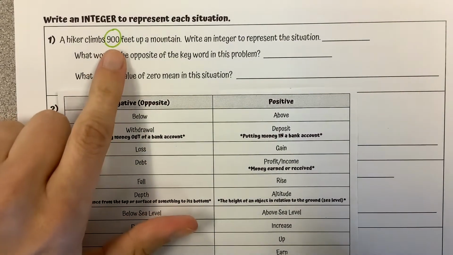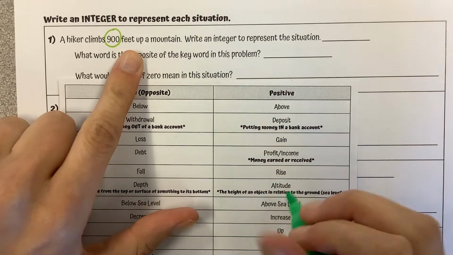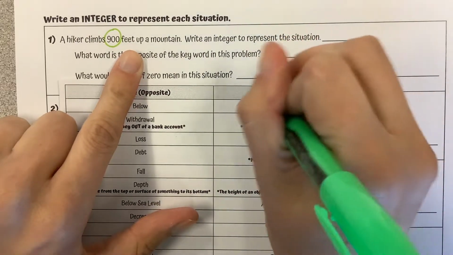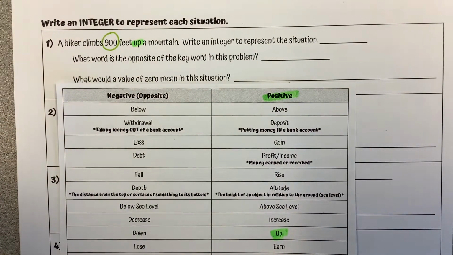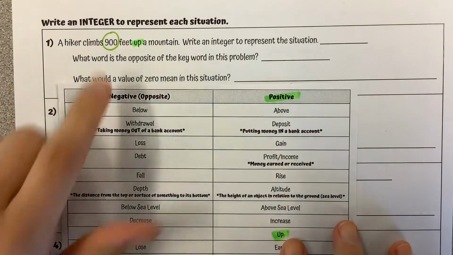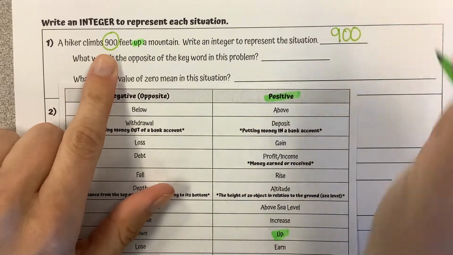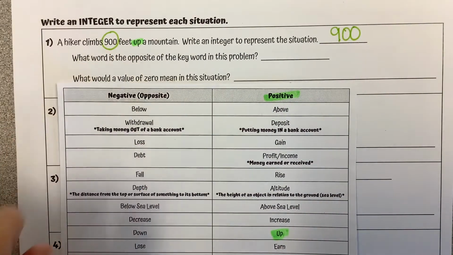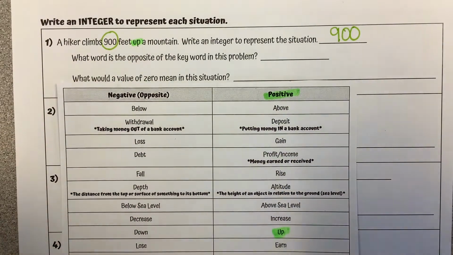Okay, so it climbs 900 feet up a mountain, and I see up here on my positive side. So up is representing positive value. So our 900 should be positive. I don't need to write a plus sign when I'm writing positive, so my integer is just 900. That's showing positive 900.